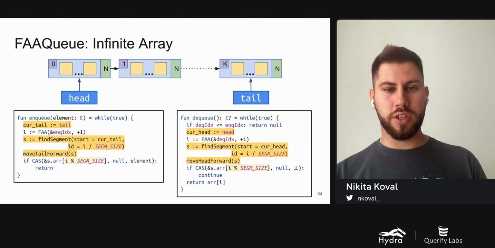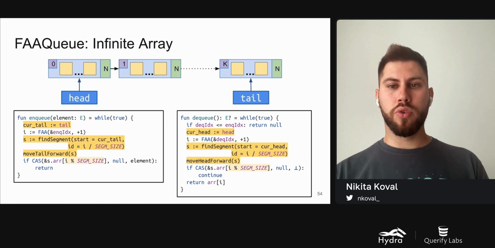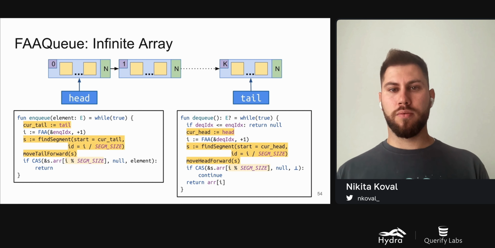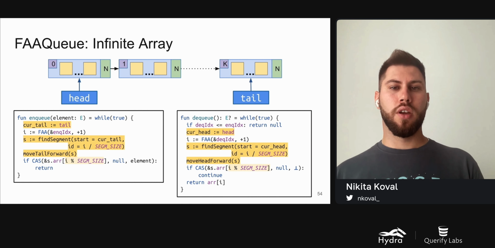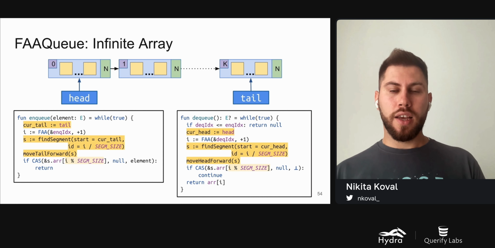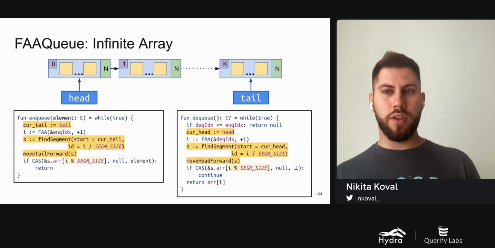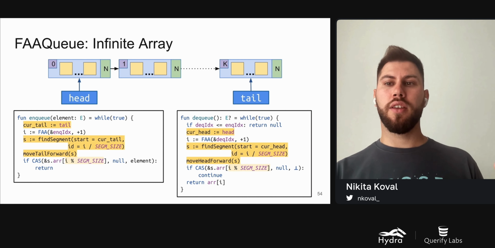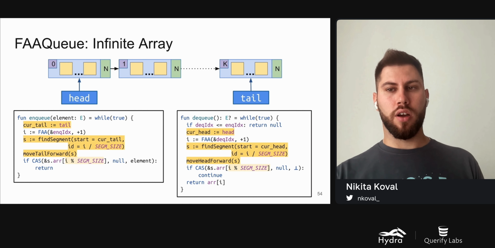And this find segment invocation also creates new segments if needed, because it's possible that there is no segment with the required ID. In this case, we just try to create a new segment and add it to the list. If we can't add it to the list, then it means that there is already a segment with this ID in the linked list, and we simply use it.